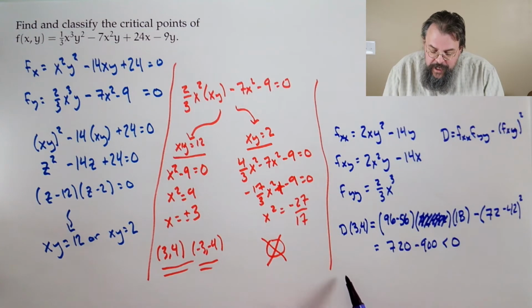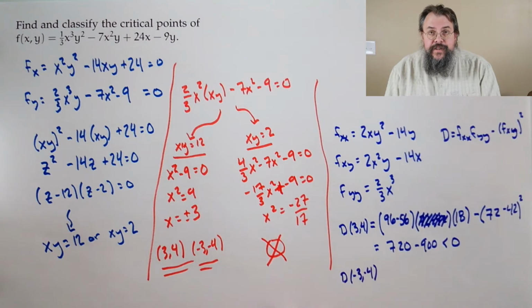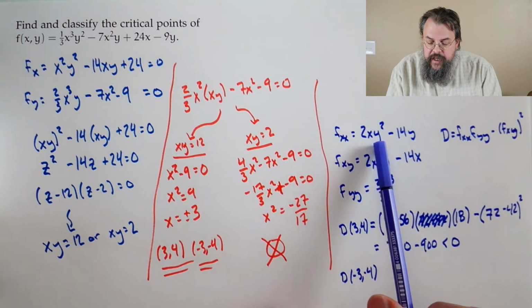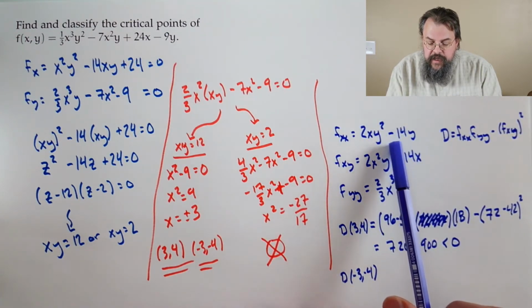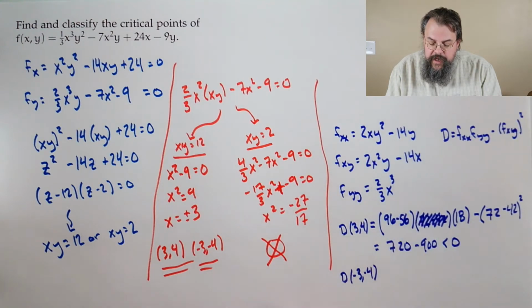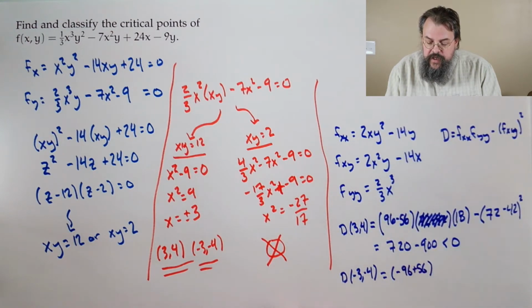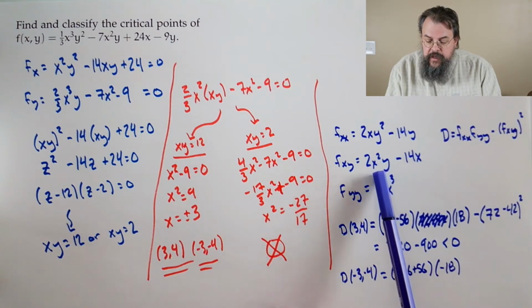Now, what happens when we plug in (-3, -4)? And now we can actually save ourselves some work. Because see what happens. There's going to be 3 negatives multiplying together, which means we're going to flip the sign. Here there's 1 negative, flip the sign. So instead of 96 minus 56, it's -96 plus 56. Great. Here we flip the sign again. So instead of positive 18, negative 18. All right. See, because it's a negative cubed. And what about fxy? We flip the sign, right?